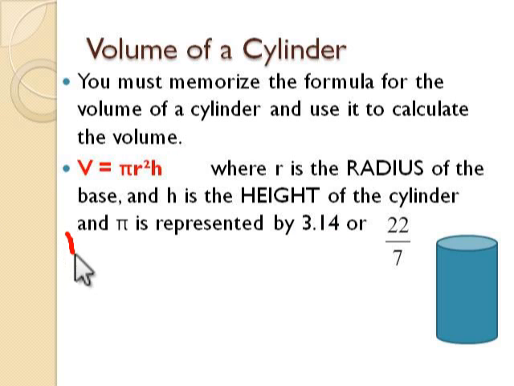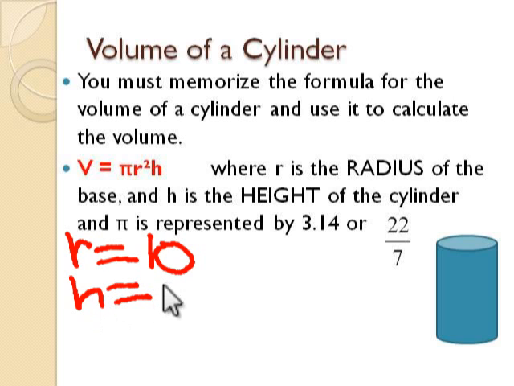Let's say the radius is 10, and the height is 6. So if the radius is 10, the height is 6, that's a really fat, short cylinder. Nothing like the one that we're looking at right here, but that's okay.